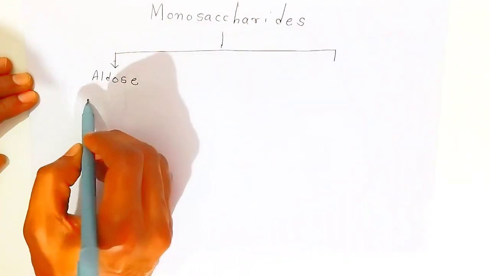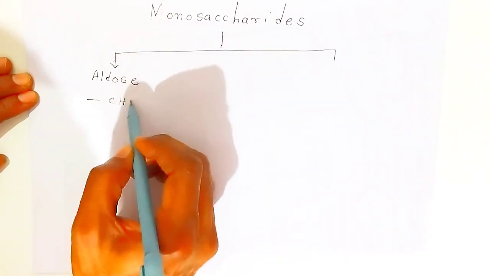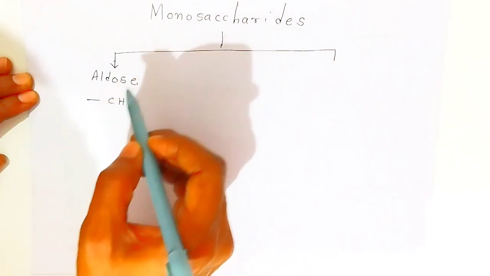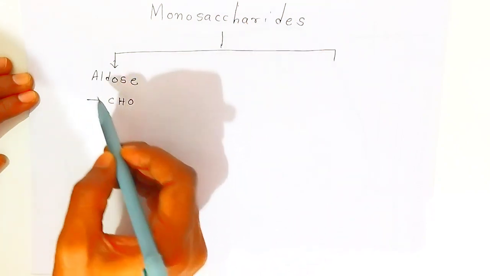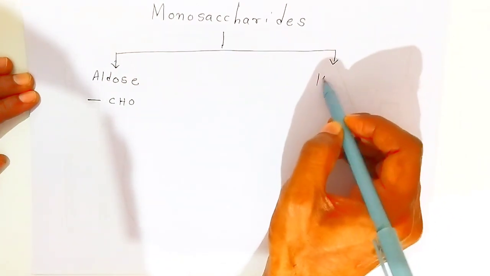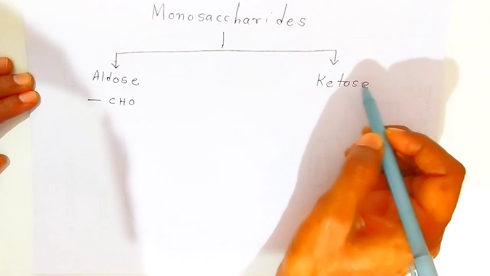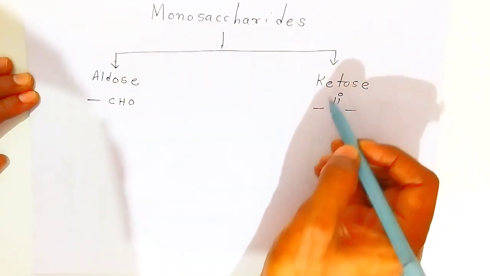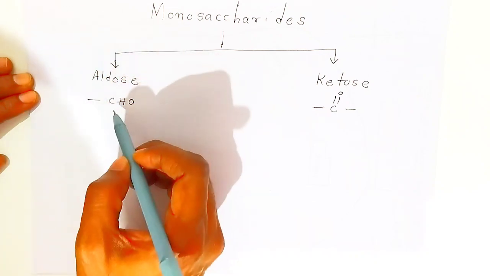If the carbonyl group is present in aldehydic form, we call it aldose. If it is present in ketonic form, we call it ketose. That means this carbonyl group is in the form of ketone, and this is the aldehyde form.